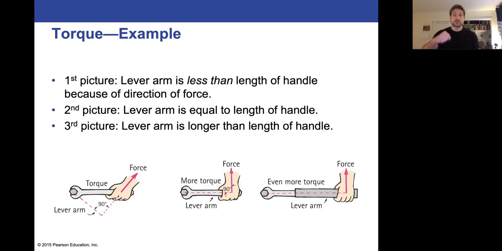We're still pulling on the wrench with the same force. But because we're optimizing the relationship between the lever and the force that we're using to create rotation, we're going to maximize our torque. Unless we've got an extension bar for the wrench and we can make the lever arm even longer. Same amount of force is going to, because the lever arm is longer, produce a greater amount of torque even.